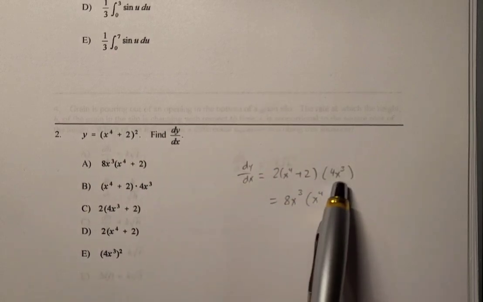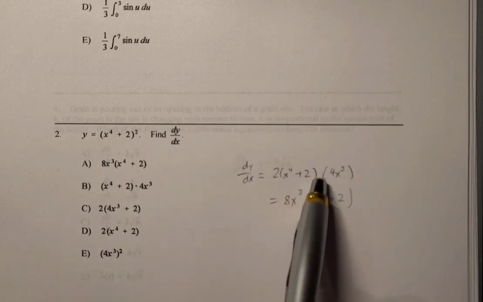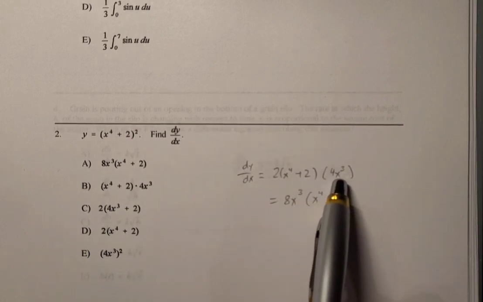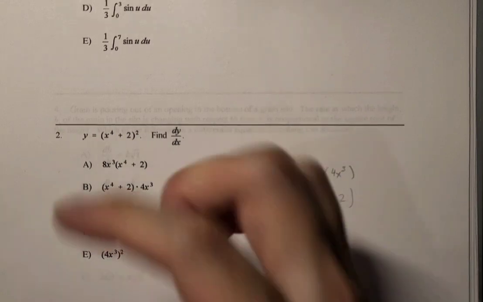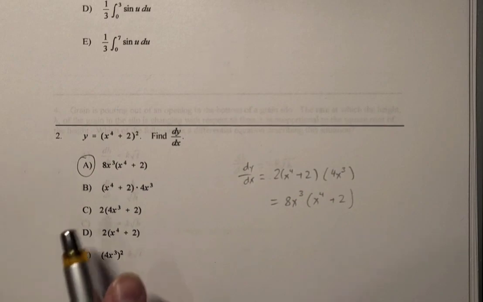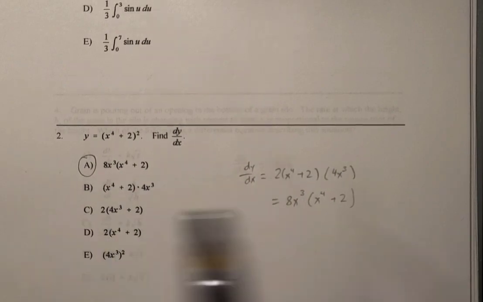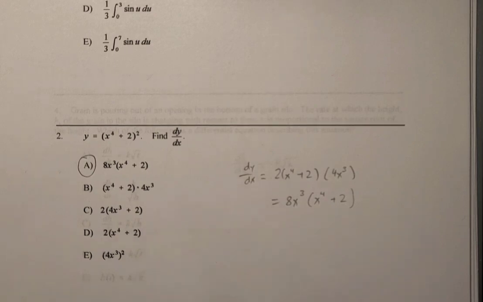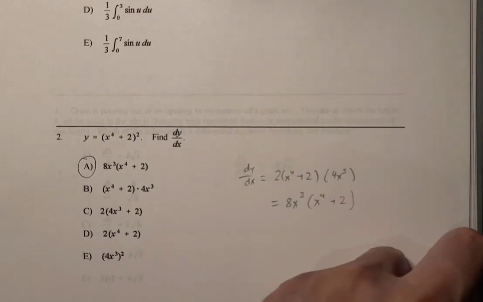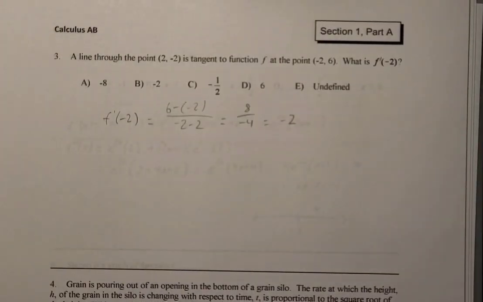The derivative of x to the 4th is 4x cubed, and the derivative of 2 is just 0, so we only have 4x cubed there. We can combine the 2 and the 4x cubed, that's 8x cubed, times x to the 4th plus 2, and that is A. That's the right answer, not C, which is what the key put. You can even check in Wolfram Alpha by asking it to differentiate this, and you get exactly this. I had to emphasize very clearly that the key is wrong so that you don't get mixed up.